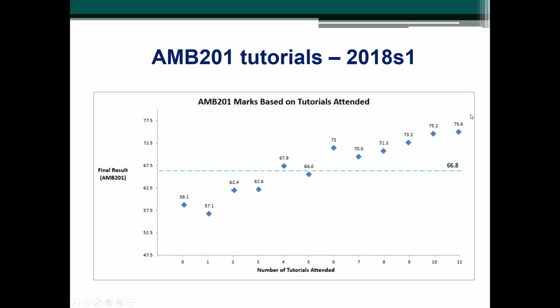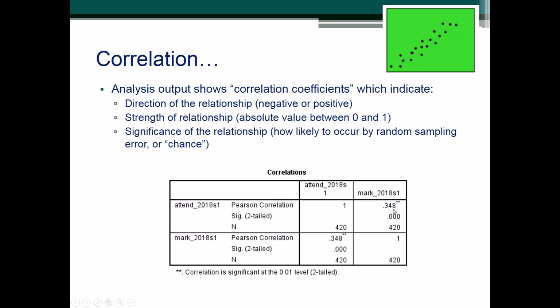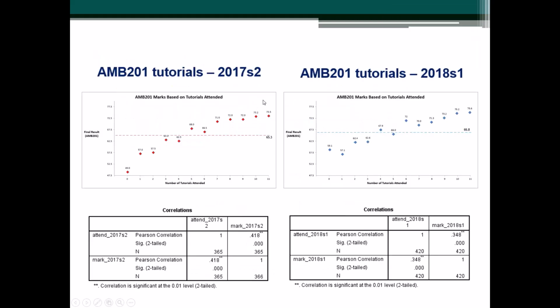So we see this overall positive trend, but it's perhaps not as steep once we start to provide that additional content. You can see that in the data here, where the relationship between attendance and the overall mark that people achieved is 0.348. Now if you remember the data from 2017, the correlation there was 0.418, which is moderately strong.